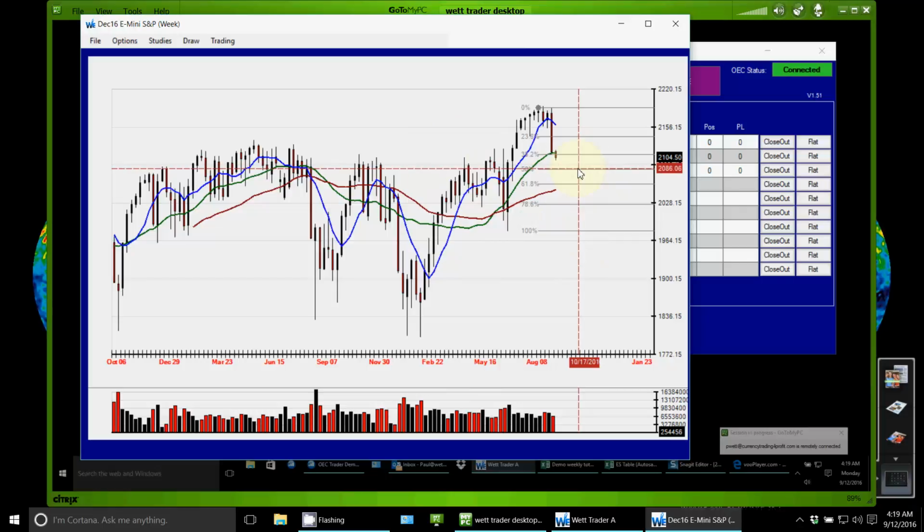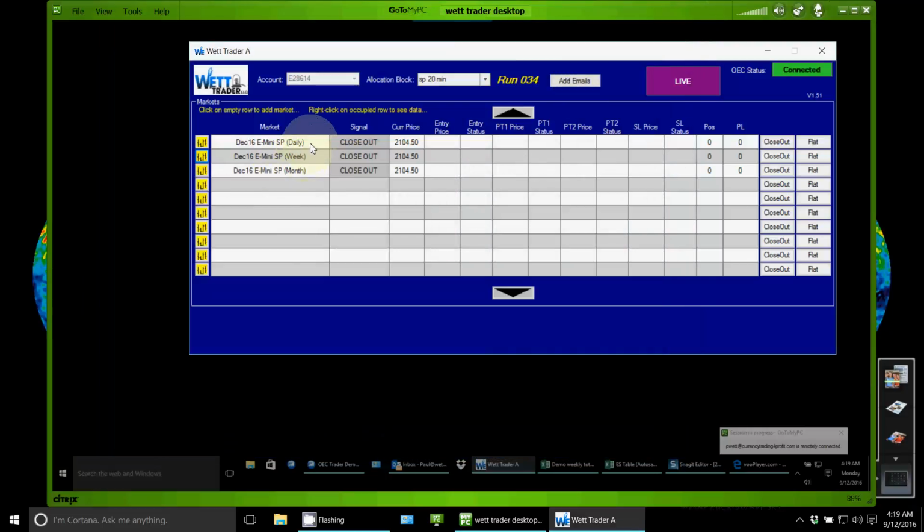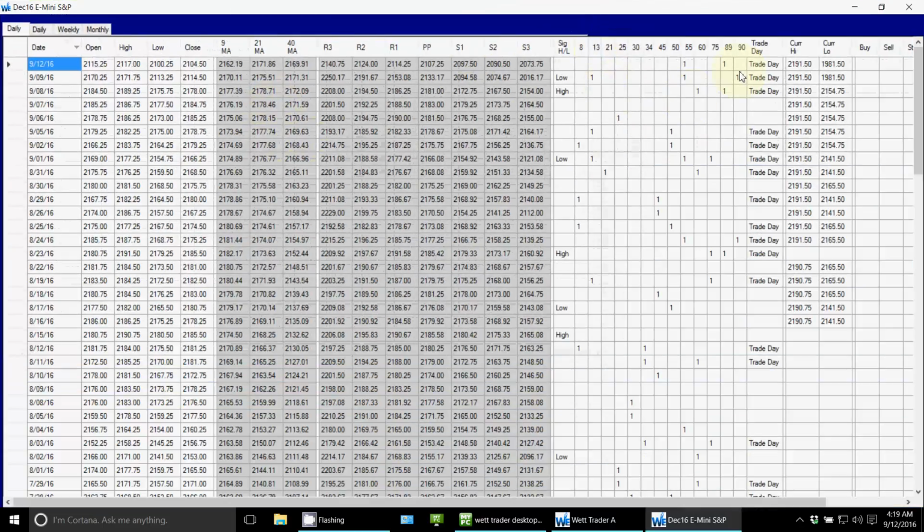Now, what Wett Trader does, it uses 4 criteria before it executes a trade. It uses price and time. The price would be the Fibonacci retracement. The time would be these bars here. To identify a trade day, we want to have 2 bars on that bar to identify the highs and the lows.